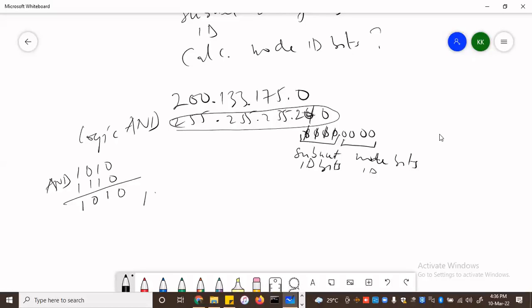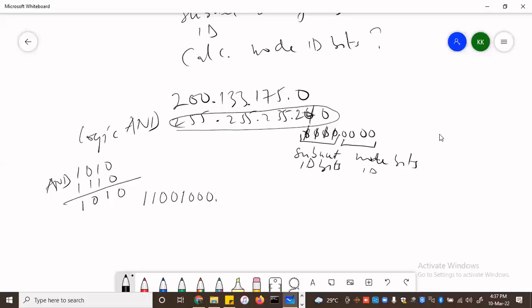The second bit will also be 1 because it's 128 plus 64, which gives you 192. So we need 8 more, right? So this will be a 0, this will be a 0, but the 5th bit will be 1, and the rest will be all zeros. So this is 200, because it's 128 plus 64, which is 192, plus 8, which is 200.